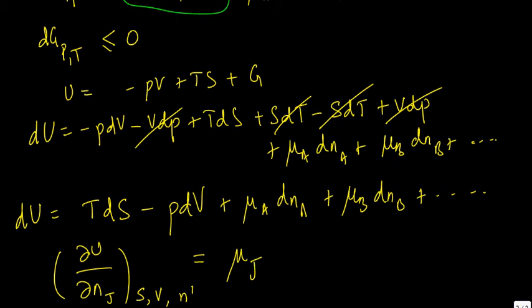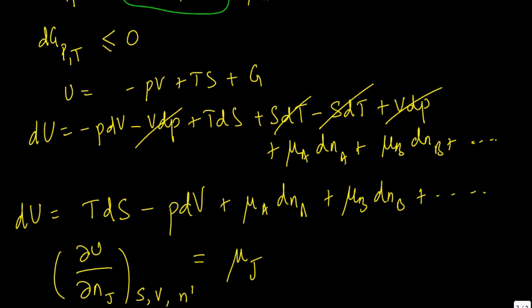So change in Gibbs free energy at constant pressure, temperature, number of moles of other substances is the chemical potential. Change in internal energy with respect to the number of moles of the jth species when entropy, volume and the number of moles of other species are held constant is equal to the same chemical potential.